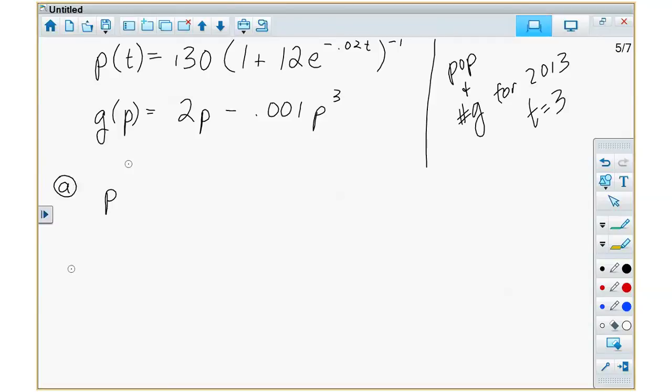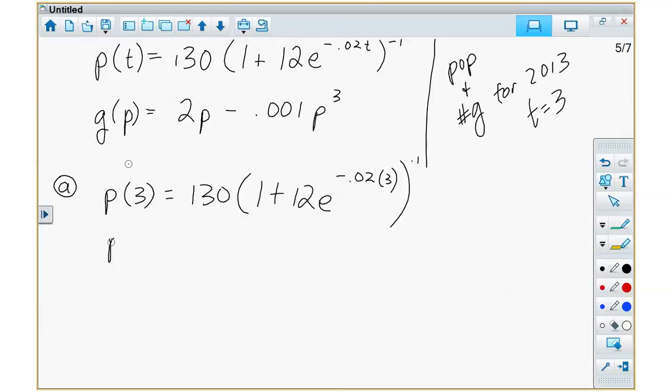A. P of 3 is equal to 130 times (1 plus 12e to the negative 0.02 times 3) raised to the negative 1 power.